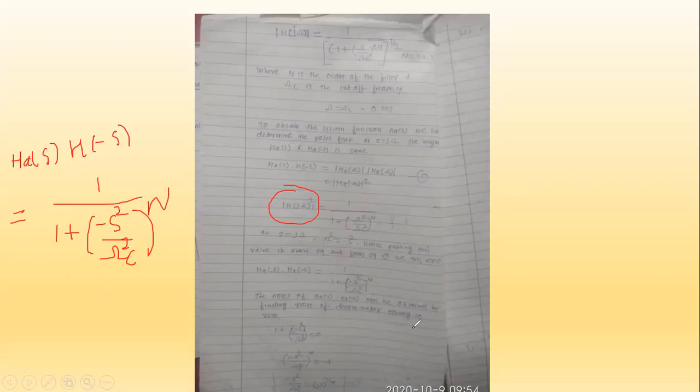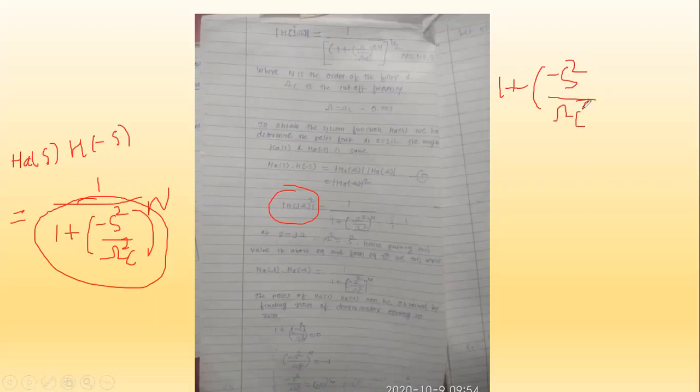Now we want to find out the poles. So poles of h of s can be obtained by finding the roots of the denominator. So when we want to find the roots of the denominator, we equate this denominator to 0. So 1 plus, in bracket, s square divided by cutoff frequency raised to n is equal to 0.